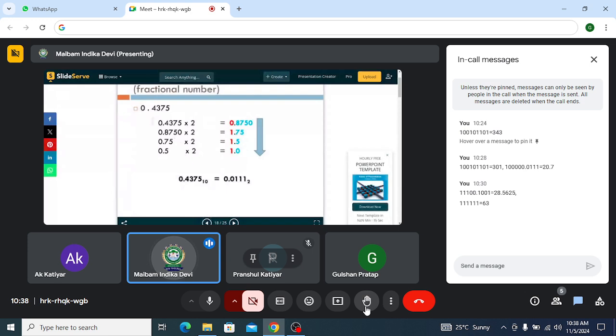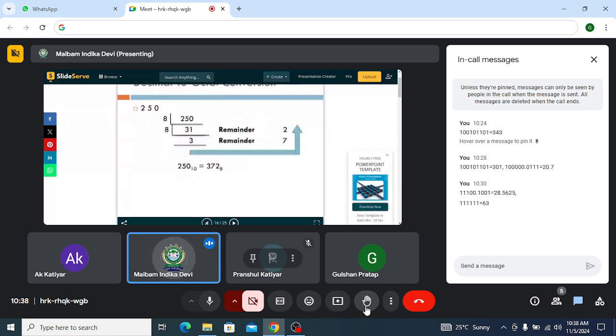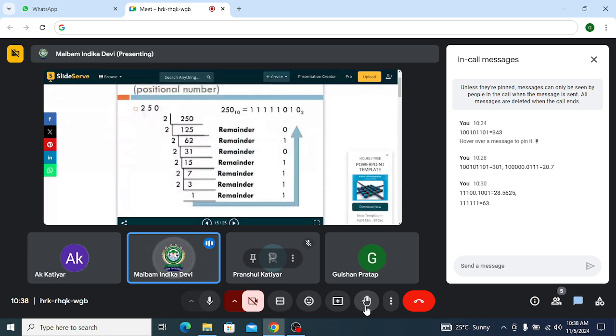What did we do for the non-fractional part? Let's just have a look. If it is a non-fractional part, you divide it, you take the remainder. Don't get confused with what we have done previously. Now we are going to convert from decimal to binary.